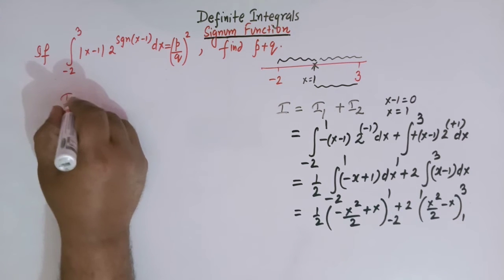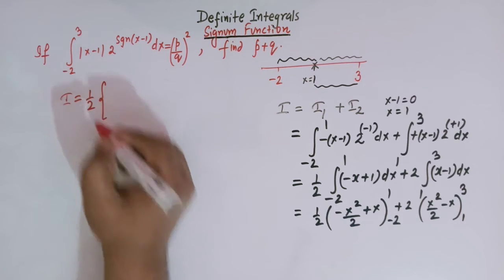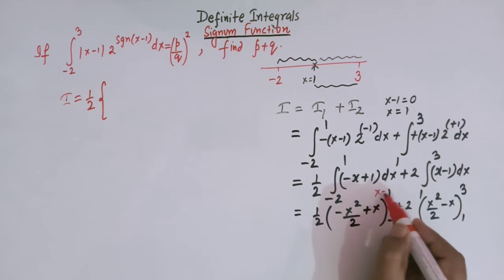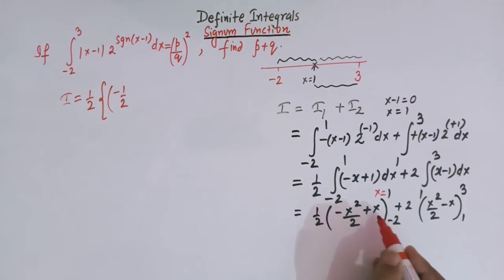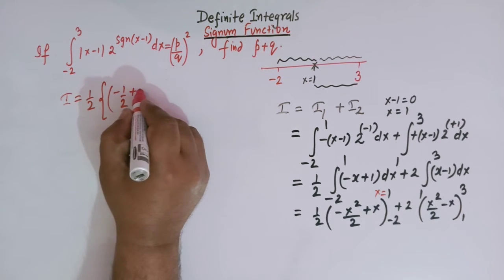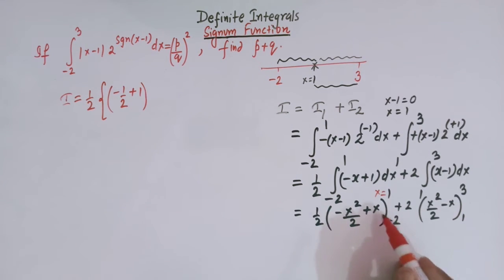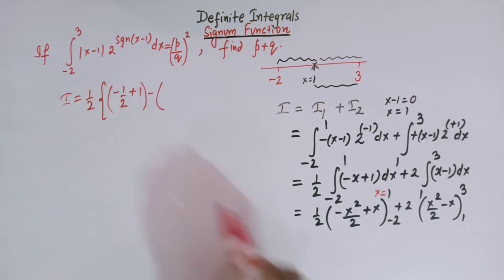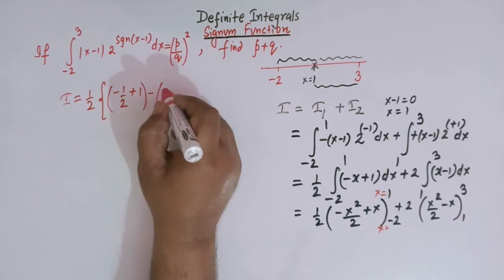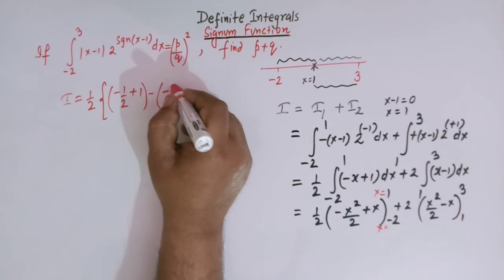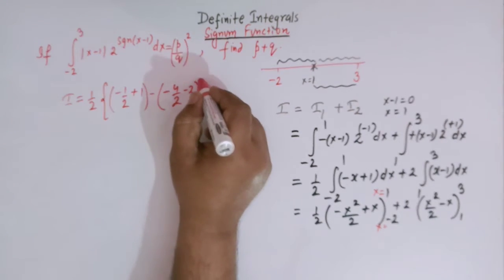So I is now equal to, here we have half, and when we take x is equal to 1, we have minus 1 over 2, and here we have 1, and here when we take x is equal to minus 2, we have minus 4 over 2 minus 2, right?